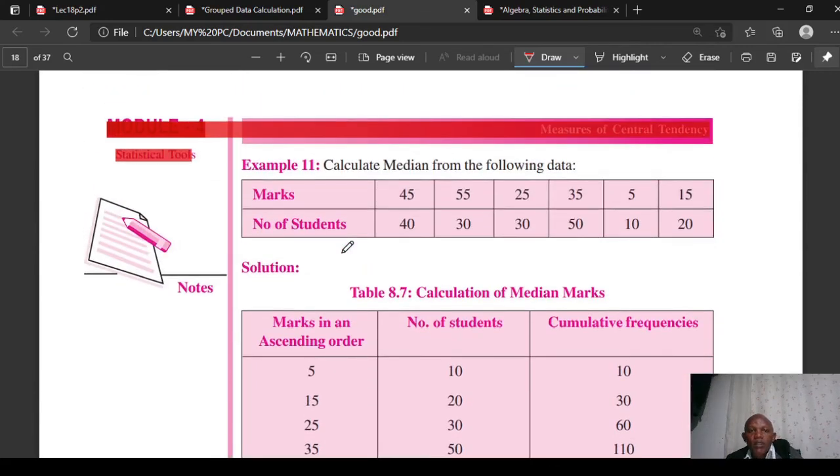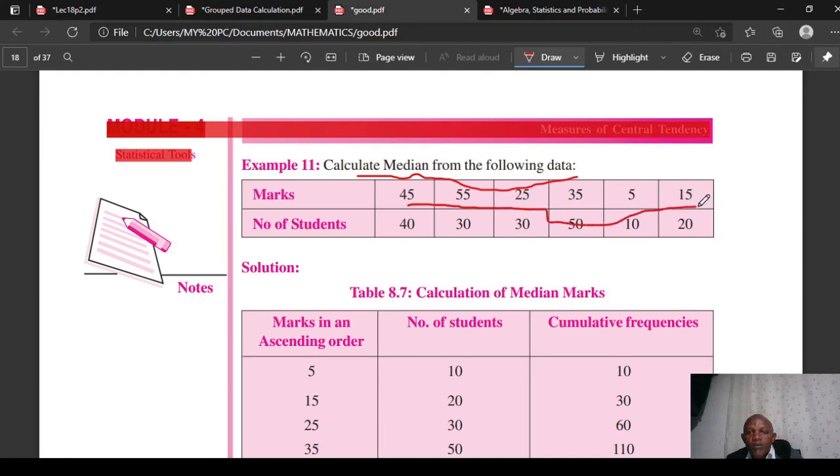Now we want to calculate the median of this data. For example, calculate the median from the following data. You have marks by students, then you have the number of students. So you can see here, this data needs first to do what? It needs to be arranged. This is the trick around this exam.